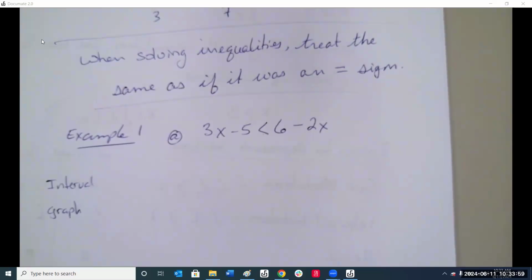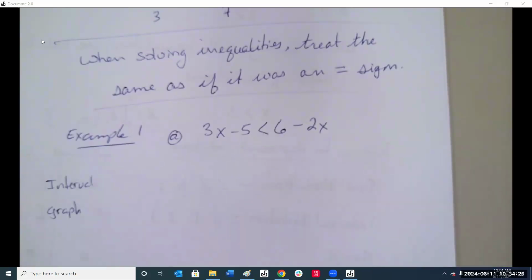So how would you solve this one? What would you do first? What would you do if that was an equal sign?